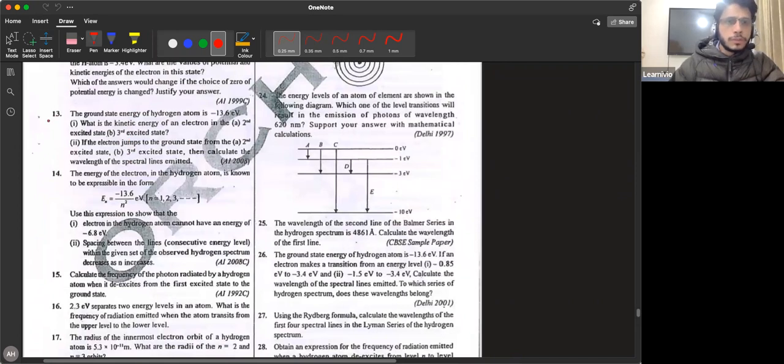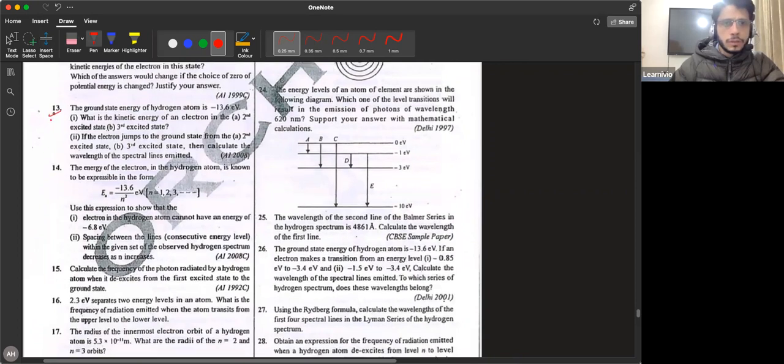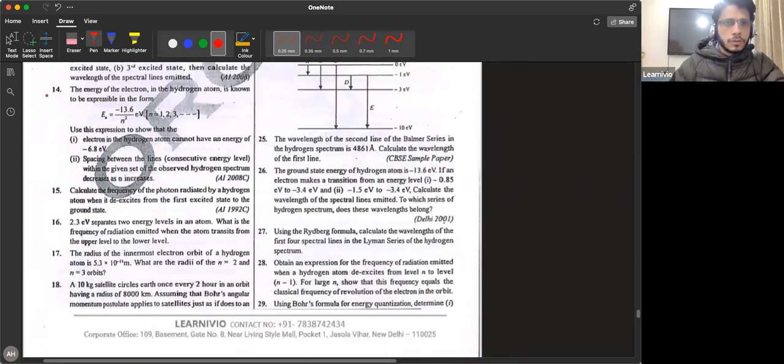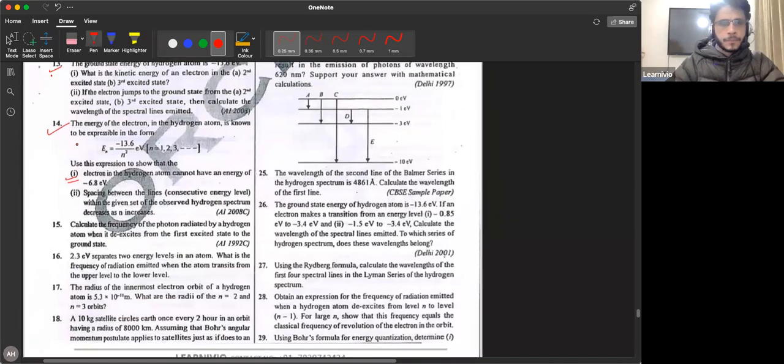Do question number 14, not 13, don't do 13. First part of question number 14. Note down the question.